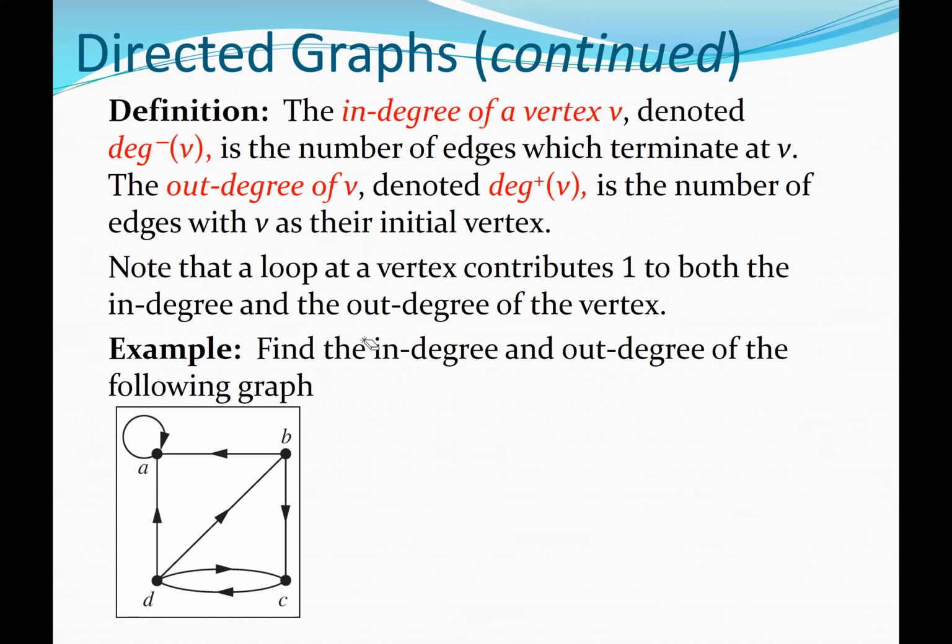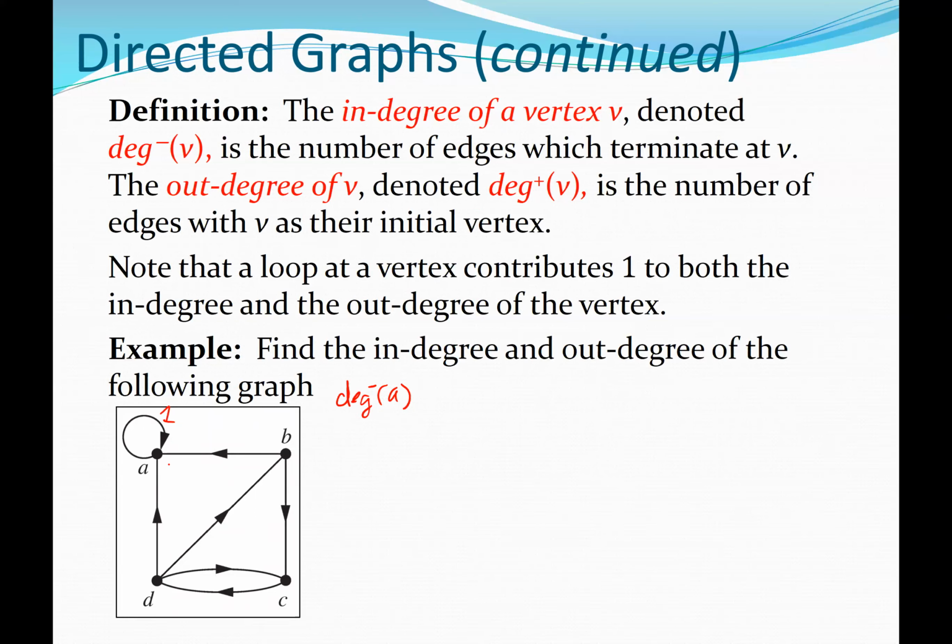So let's take a look at the in degree first. The in degree of the vertex A. You can see here A connects to A, so that's one. And then A doesn't go anywhere.